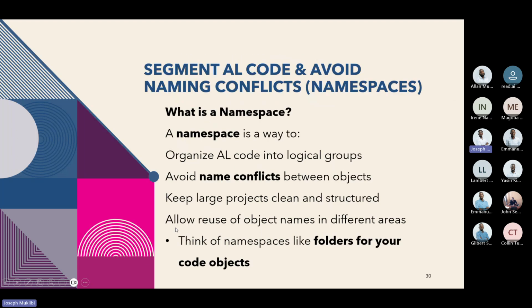So another section is segmenting AL code and avoiding conflicts, which is a module of namespaces. This is something that I've seen when you create your first AL project using AL Go.